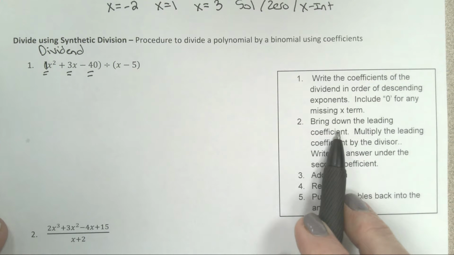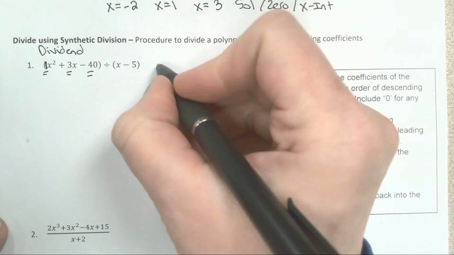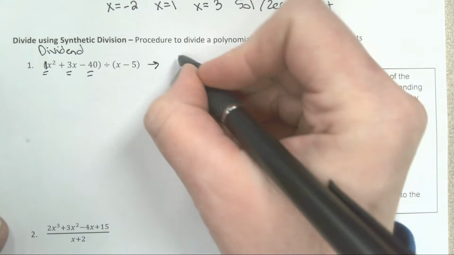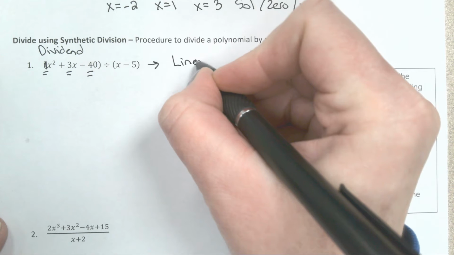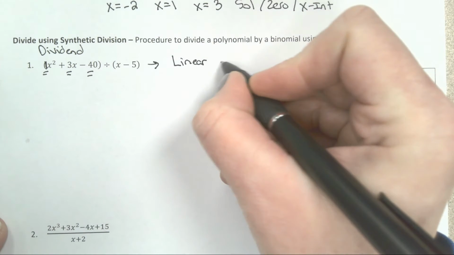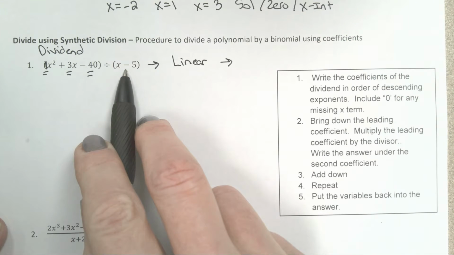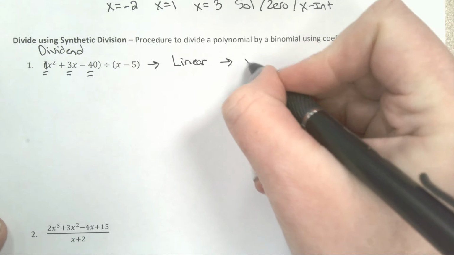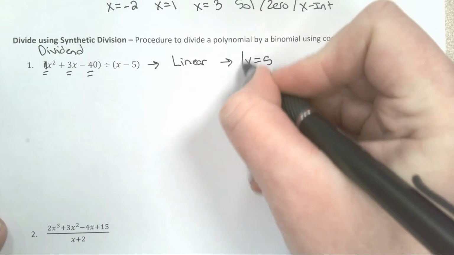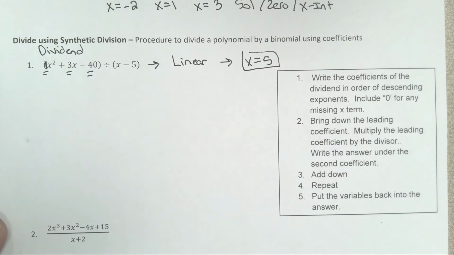All right, so here's the way we do this. You take the linear factor and you write it as the solution. So if this linear is x minus 5, then we're going to use x equals 5.